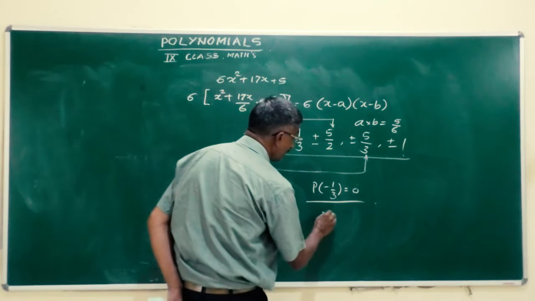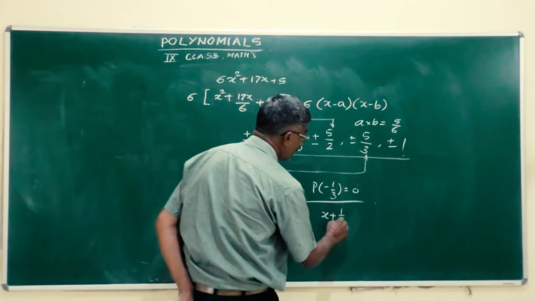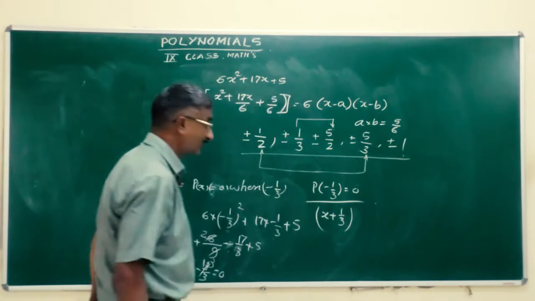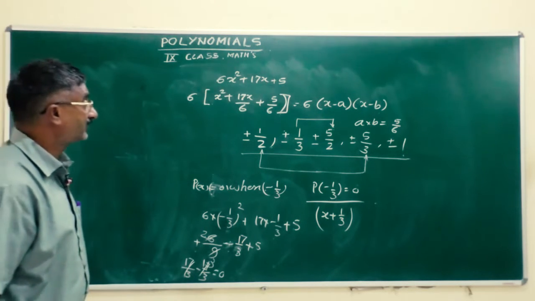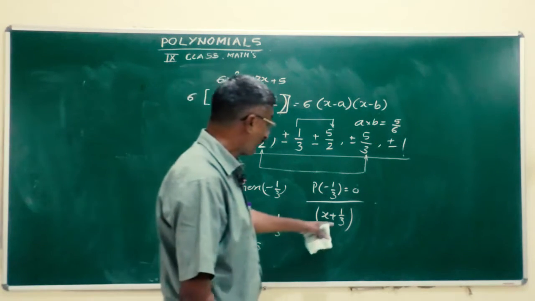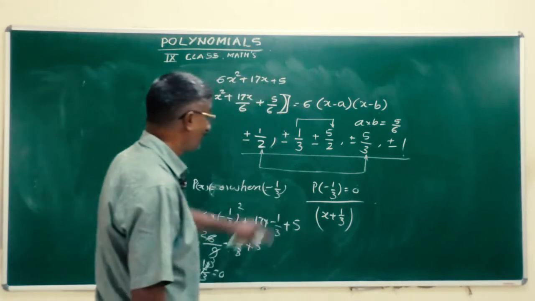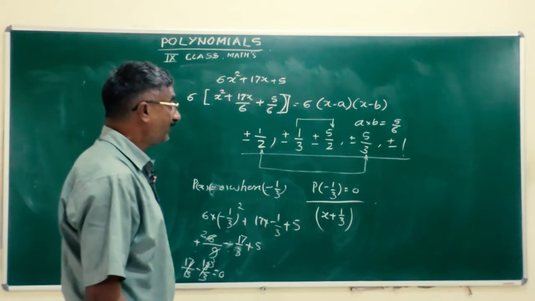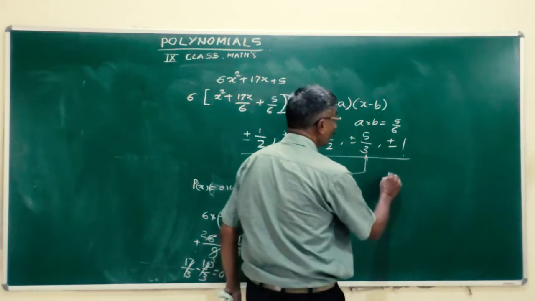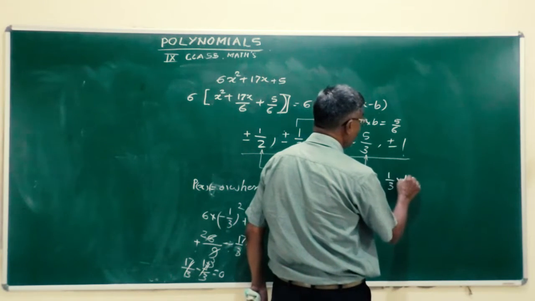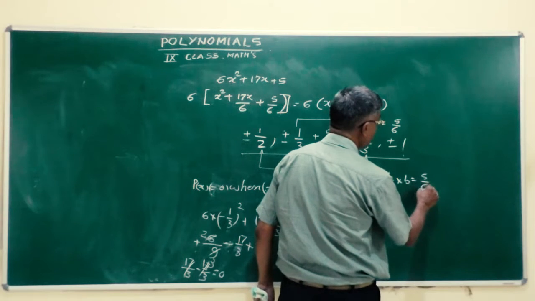It means x plus 1 upon 3 is one of the factors of this term. So, if x plus 1 upon 3 is one factor, automatically we can find the other. 1 by 3 into b is equal to 5 by 6.